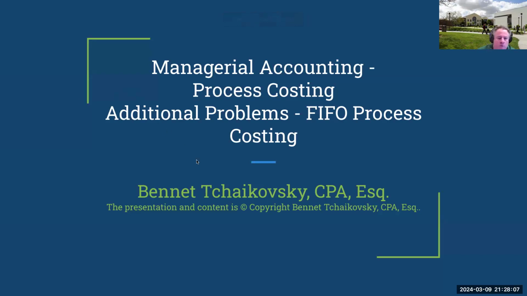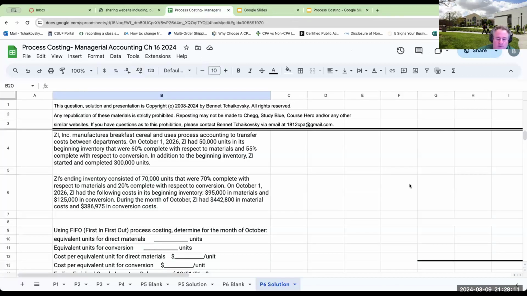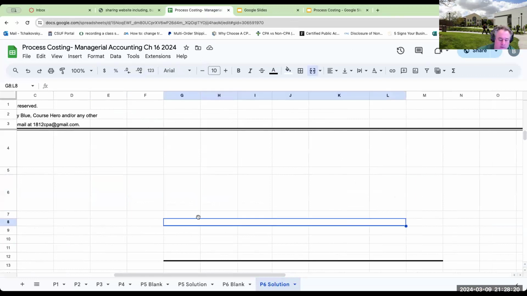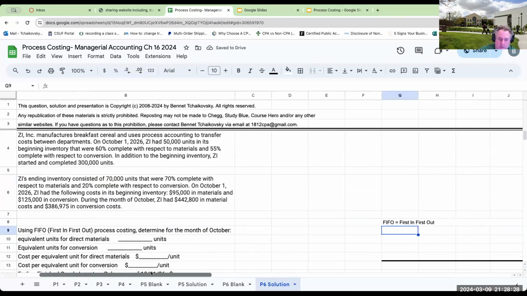So when we're dealing with FIFO process costing, what does FIFO mean? FIFO means first in, first out. When you approach these problems, this is what I want you to do.